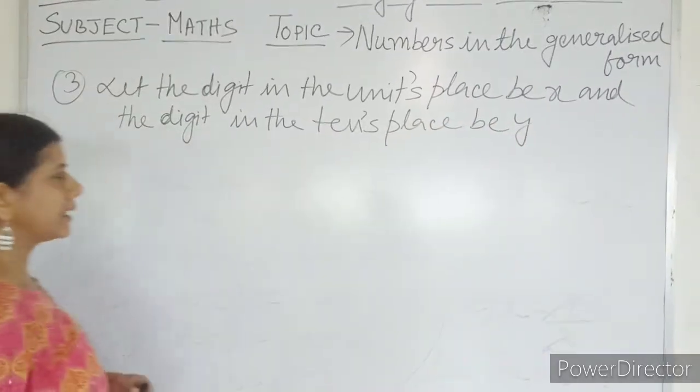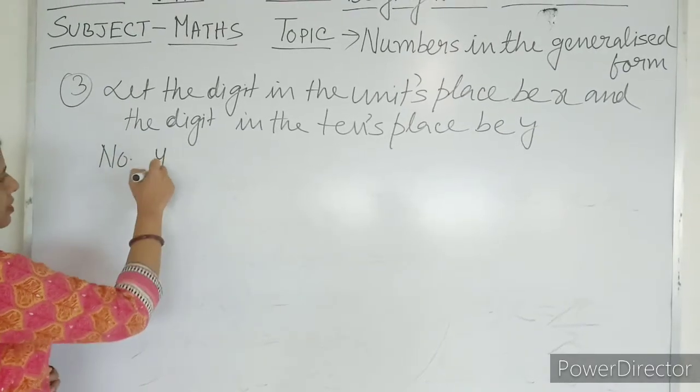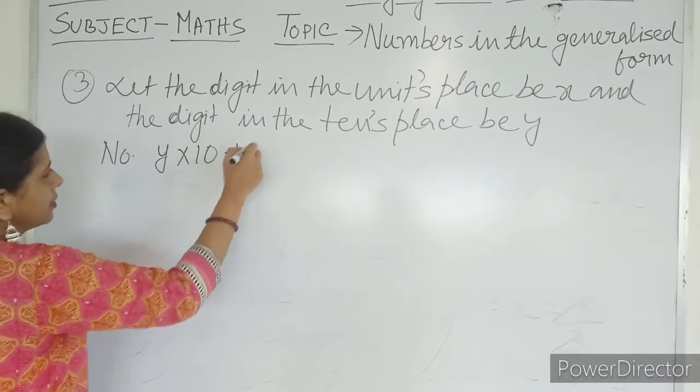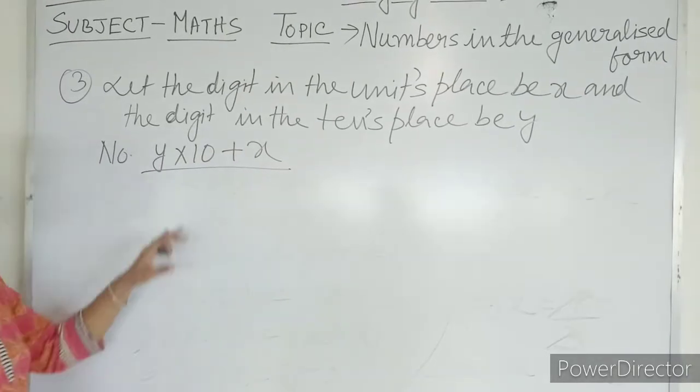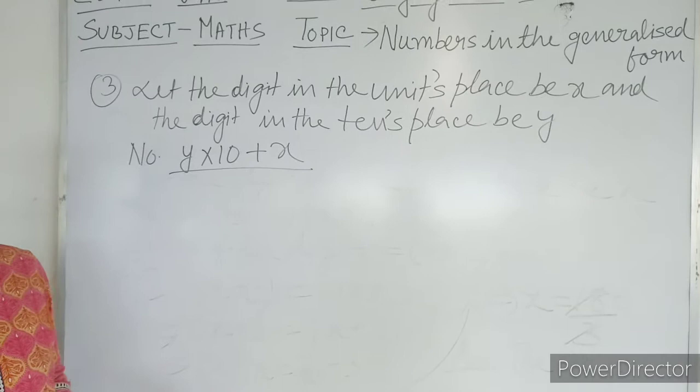Then what will be my number? The number will be, the tens place is y, so y into 10 plus x. This is my number. Now here one condition is there where I have to reverse the digits.